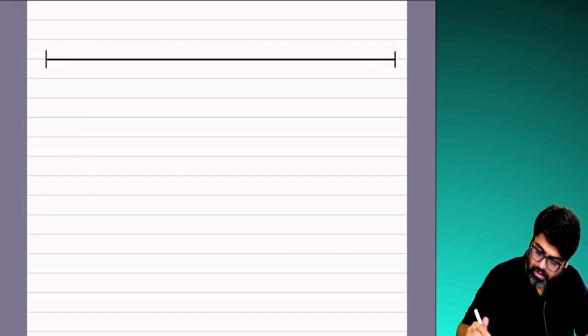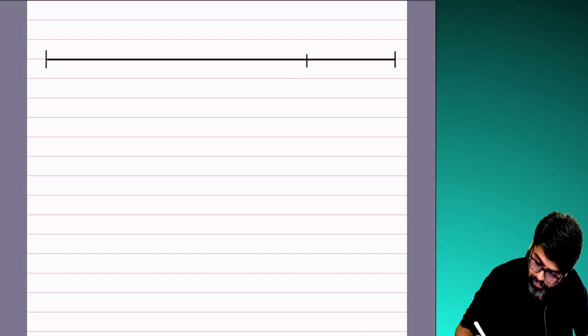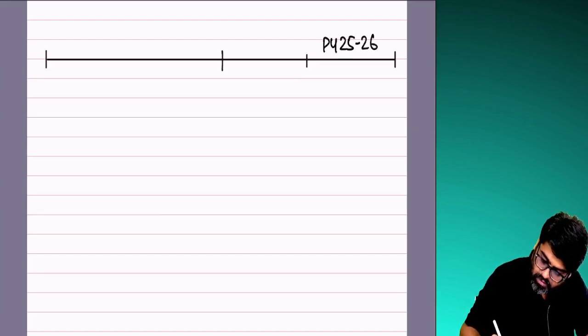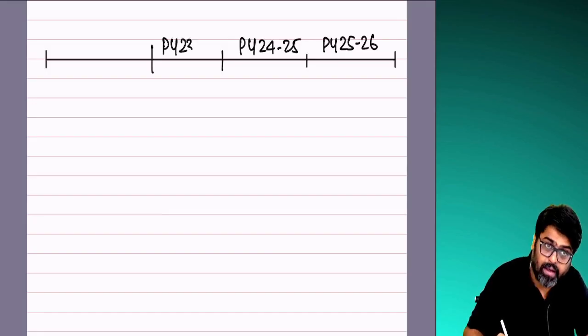I'm making one timeline in front of you. My previous year is 25-26. Prior to that, previous year 24-25. Prior to that, previous year 23-24.